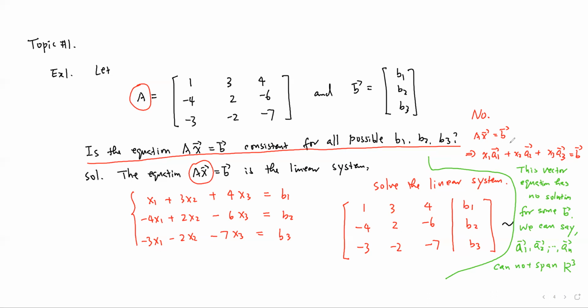Okay. And also from this example, we can see the following theorem. Actually, the following theorem is motivated by this example. Theorem: let A be an m by n matrix.